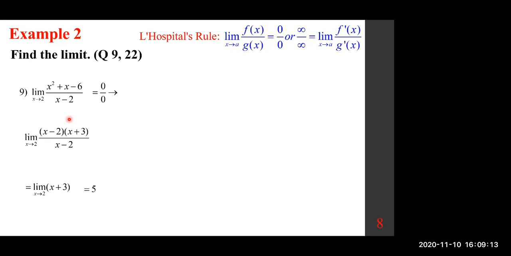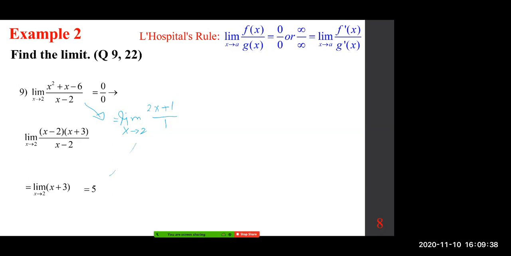If we did it by L'Hopital's rule, everybody, this would be the limit as x approaches 2 of x squared, 2x, x, 1, the denominator is 1.